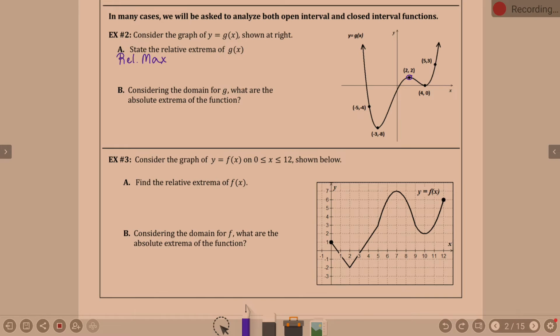And I'm not going to list it as the ordered pair 2, 2. The relative max, I'm going to say, is 2 at x equals 2. And so by me saying relative max is 2, I'm saying that the y value is the relative max there.